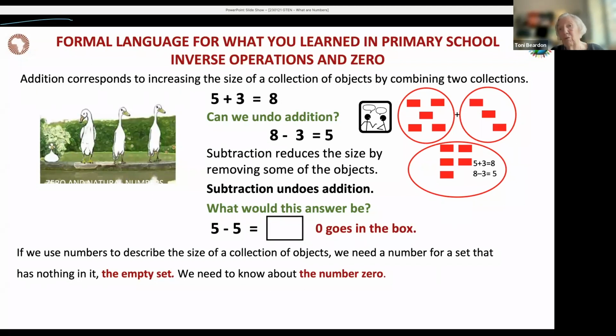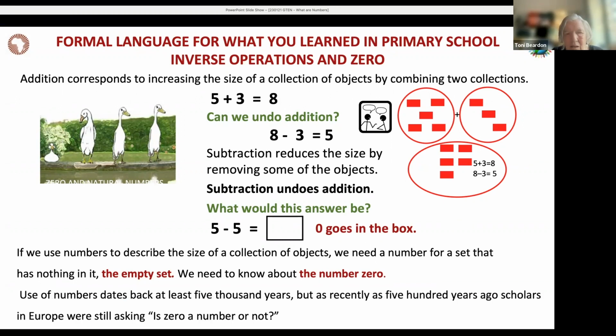Of course, they knew that there was sometimes nothing there, but they didn't have a number to characterize that. As recently as 500 years ago, scholars in Europe were still debating: is 0 a number or not?